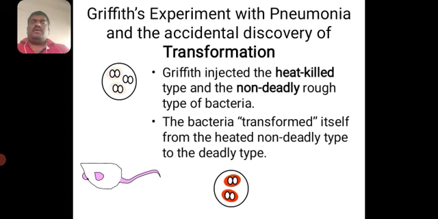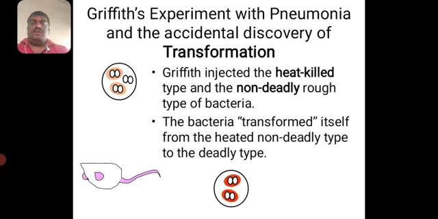And he was studying or working on the fourth step. Something was there, because of which the heat killed smooth strain gets transformed into a deadly type.